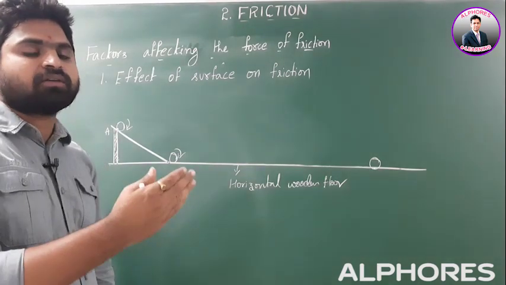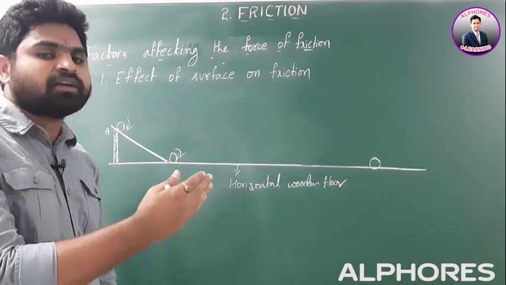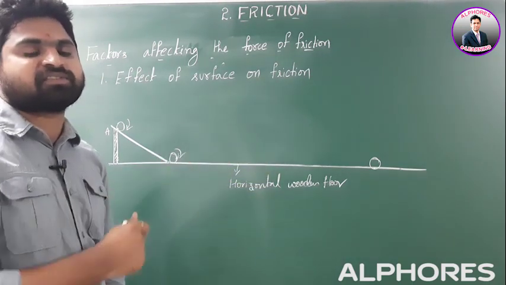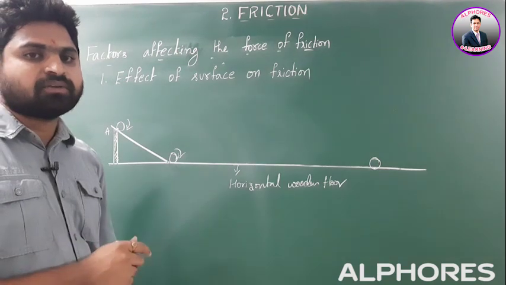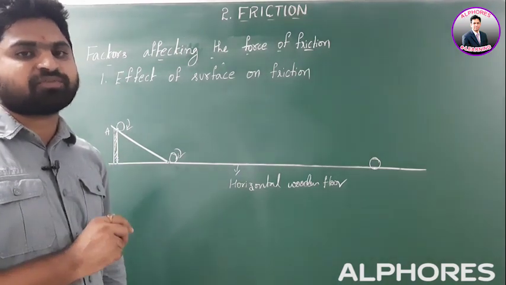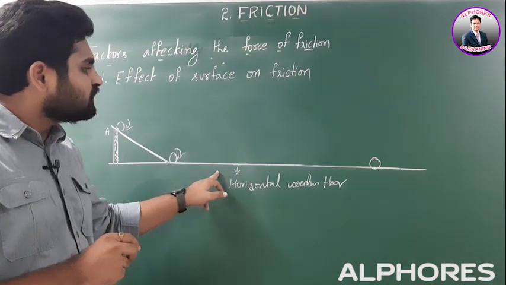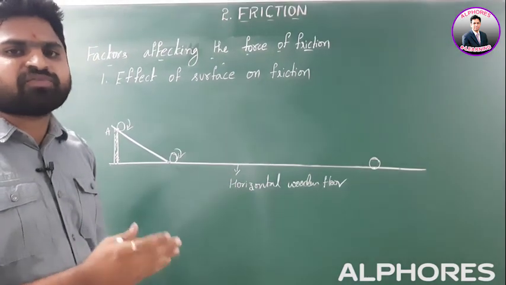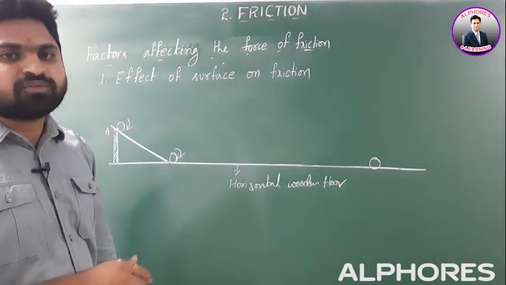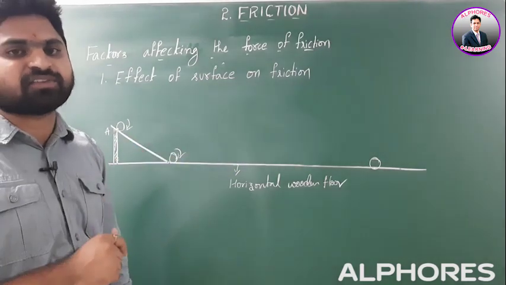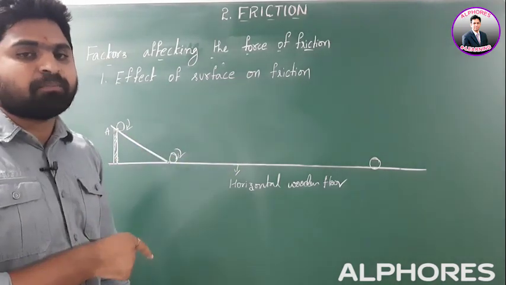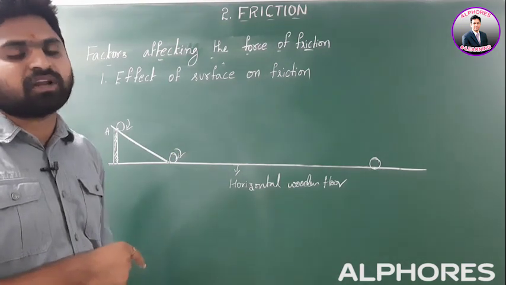Why does the ball cover a longer distance over smooth surfaces when compared to rough surfaces? If you have observed, glass is a smooth surface and the wooden floor is also smooth when compared to the cloth. So over these surfaces the ball has covered longer distances when compared to the marble floor and the cloth.